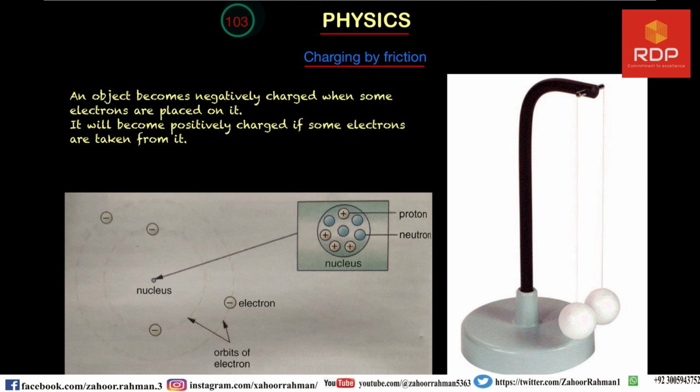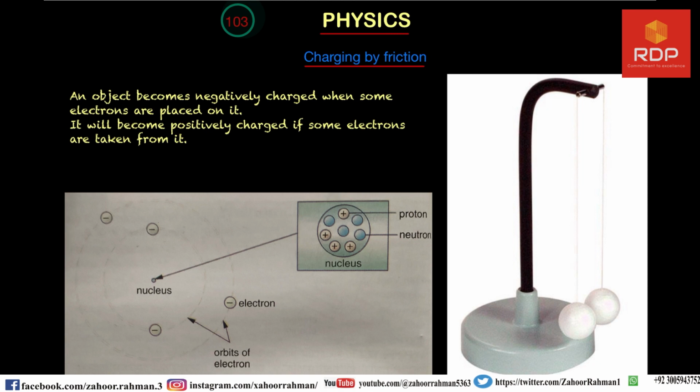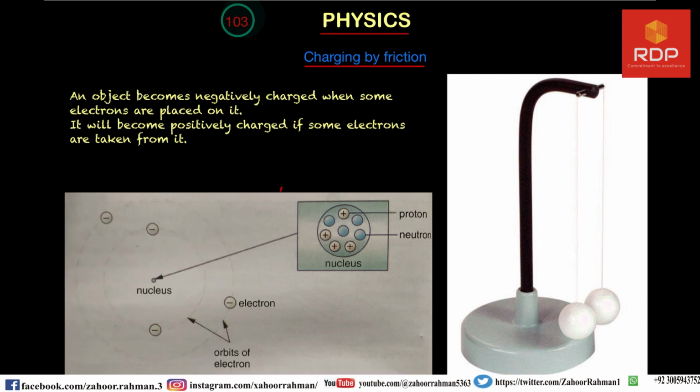Now I am talking about this picture. If you take a look at it, there is a small nucleus here, and these are the different orbits in which electrons are revolving around the nucleus.